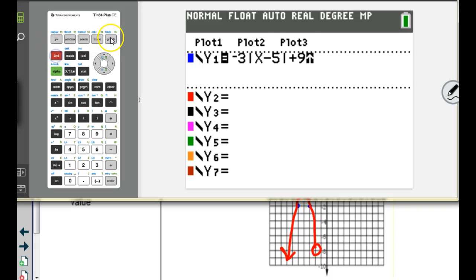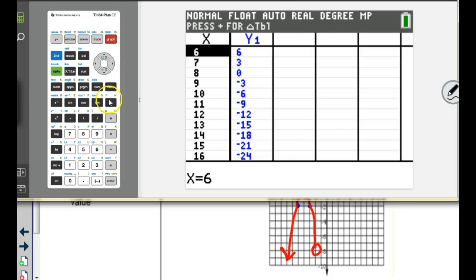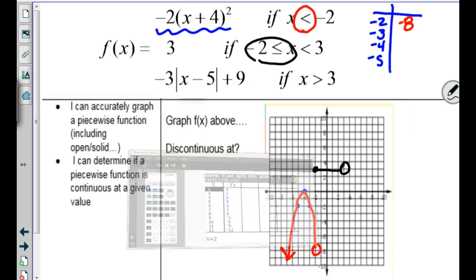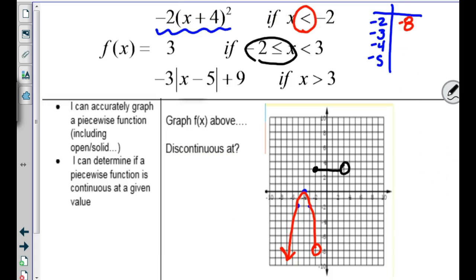So if I go to the table, make sure your table is turned on correctly to ask for auto. I'm supposed to find what values greater than 2 or 3? 3. So 3, 3, 4, 6, 5, 9, 6, 6, 7, 3. There's a bunch of points. What did it start at, guys?